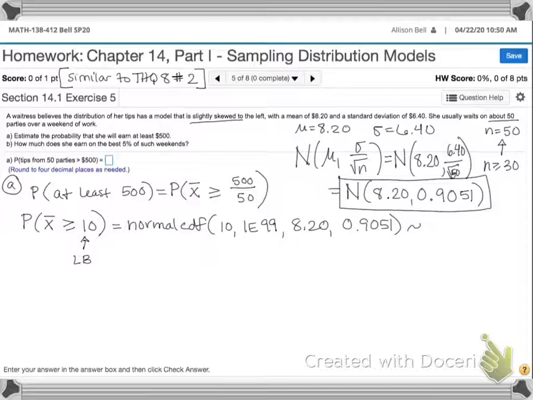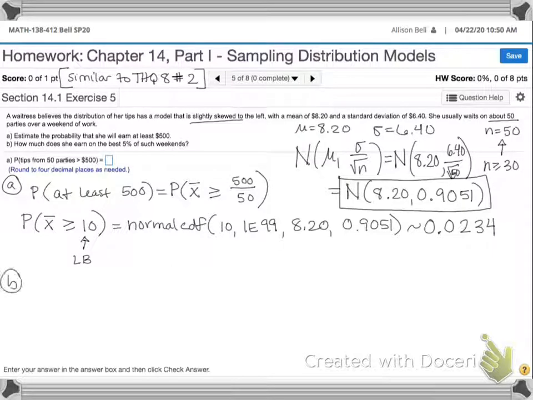Once I put this in the calculator, so we go to second VARS, option number 2, 10 is my lower bound, second comma, 99 is my upper bound, 8.2 and 0.9051. If I paste that and find my answer, I get 0.0234. Okay, and it says 4 decimal places as needed, so that's our answer.